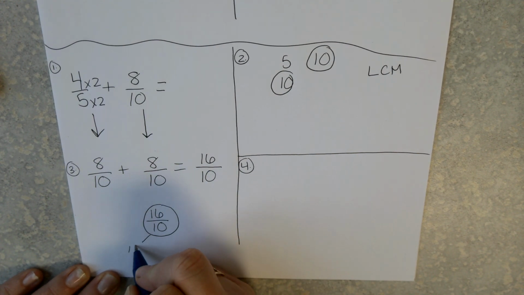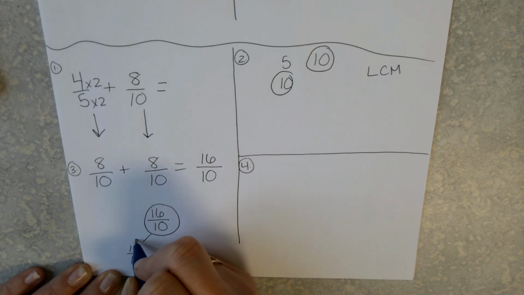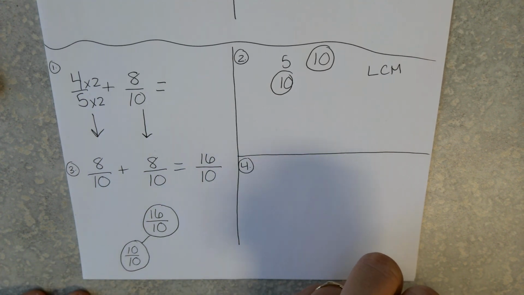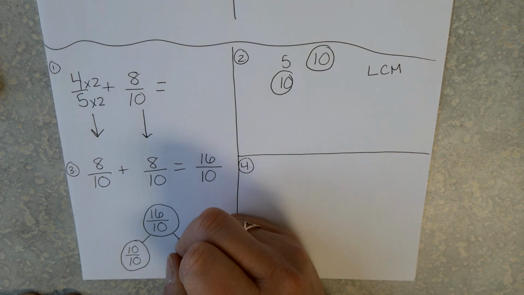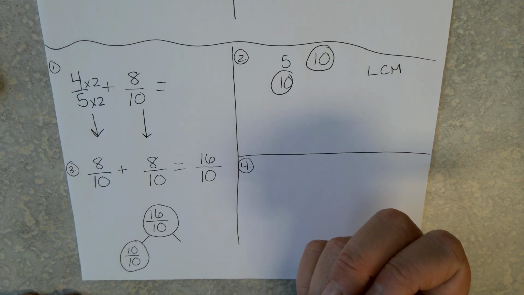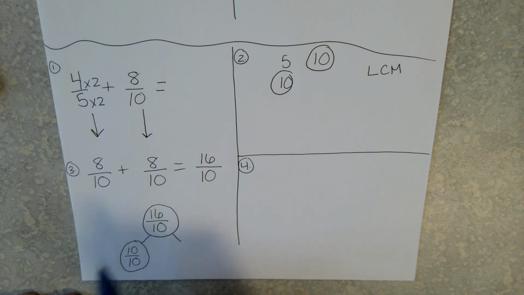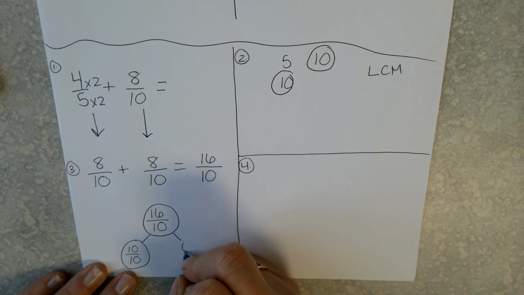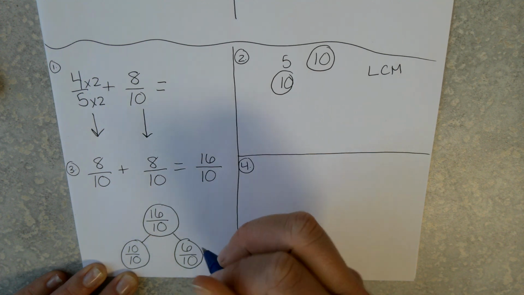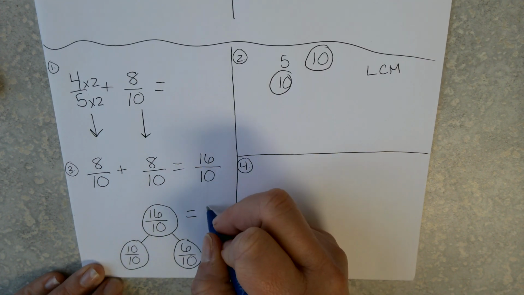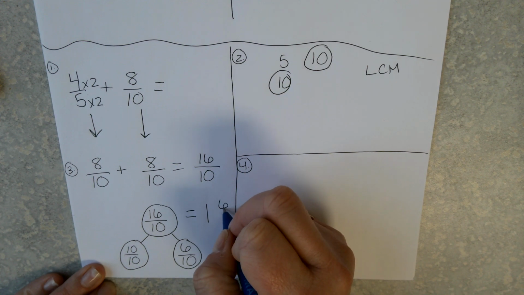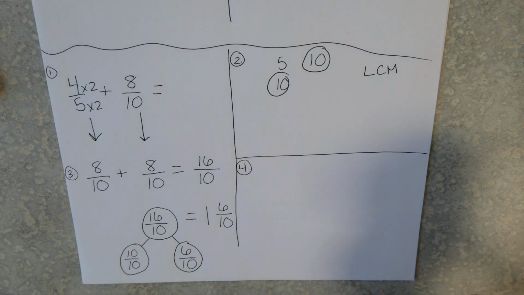So far, you can make 1, 10 over 10. That would equal 1 whole. The next one, all right, so you have to think you're at 10. How many more to get to 16? Well, 10 to 16 would be 6, and the denominator stays the same. So the other way that you could write this is 1 whole and 6 tenths.